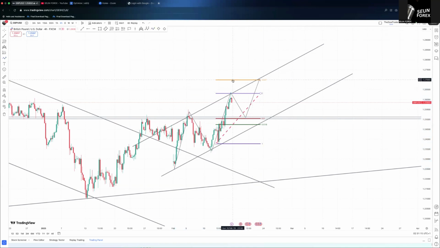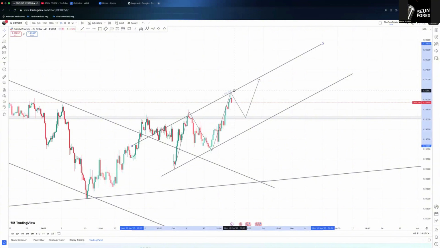Because if I delete this Fibonacci right now, you can easily see that this trend line touched this shooting star in 4 hours and there was a massive rejection.